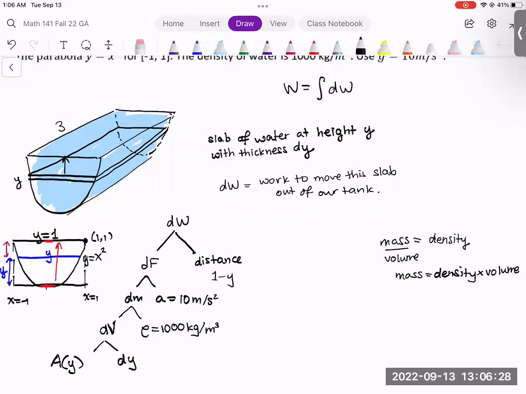Okay. And so we know everything in here except our cross-sectional area. If we take a look at this picture, notice that this cross-section is going to be a rectangle. I'm just going to draw this out.